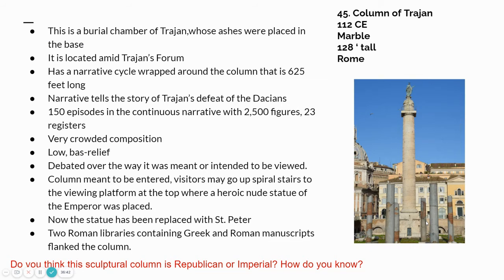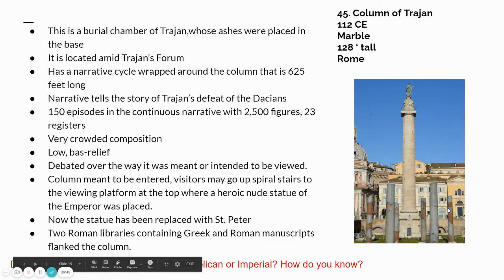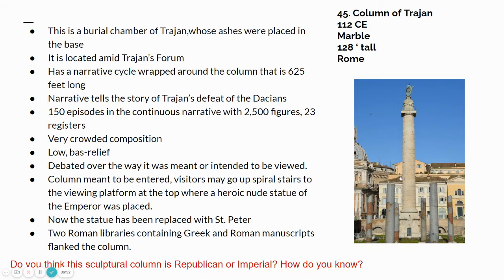And those libraries contained Greek and Roman manuscripts, but they flanked the column. And so they thought that the column could be viewed from maybe the roof or the top of the libraries. And that's how you would actually appreciate the narrative of the column itself. Otherwise, you wouldn't even be able to see all of this bas relief carving.